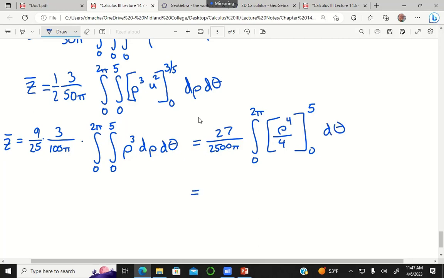If I bring out the 4, then that 2500 becomes 10,000. It's getting to be a really large denominator really fast. And rho to the 4th is now 5 to the 4th, which is 125 times 5, which is 625, I think.